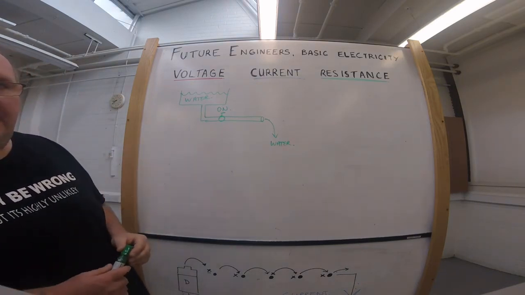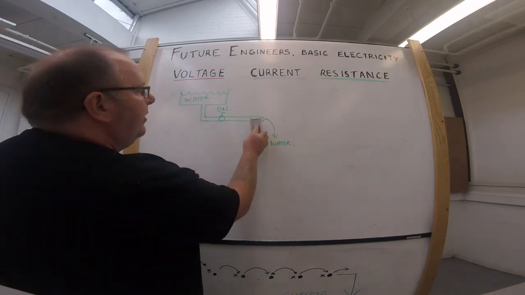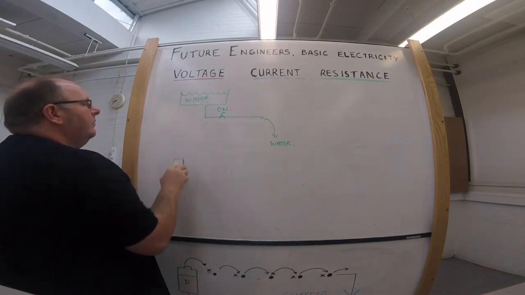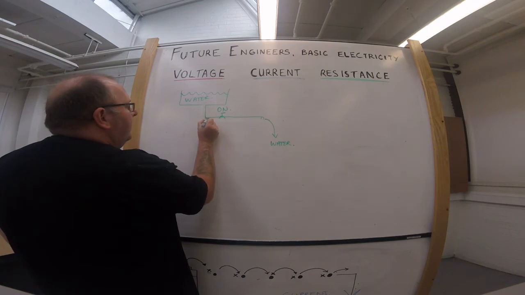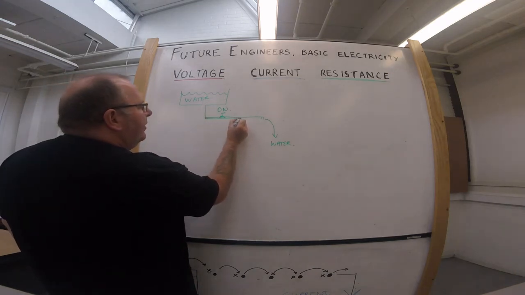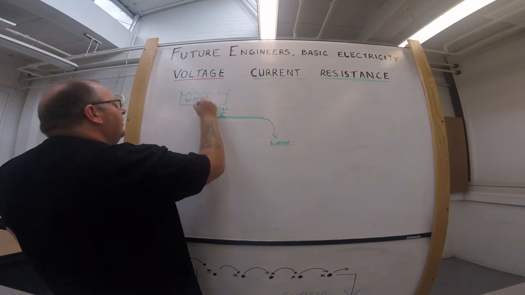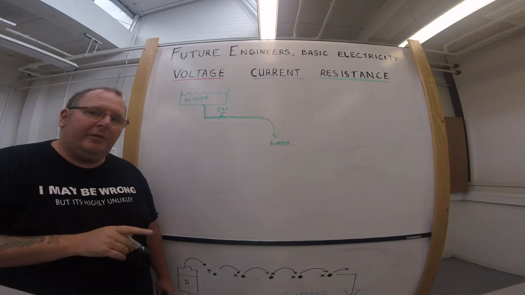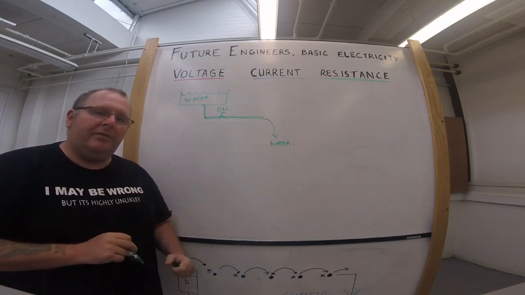What happens if I make that pipe really, really super narrow? Try and draw a really, really, really super narrow pipe. Will the same amount of water flow as it could before when the pipe was wider?